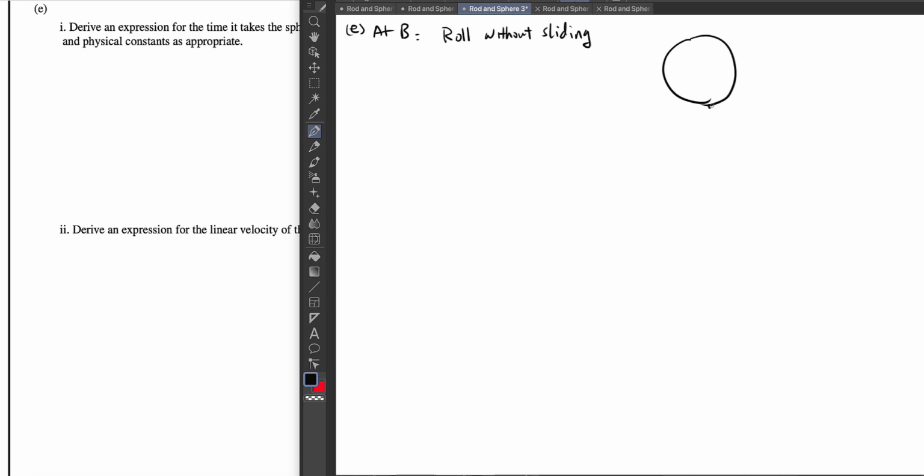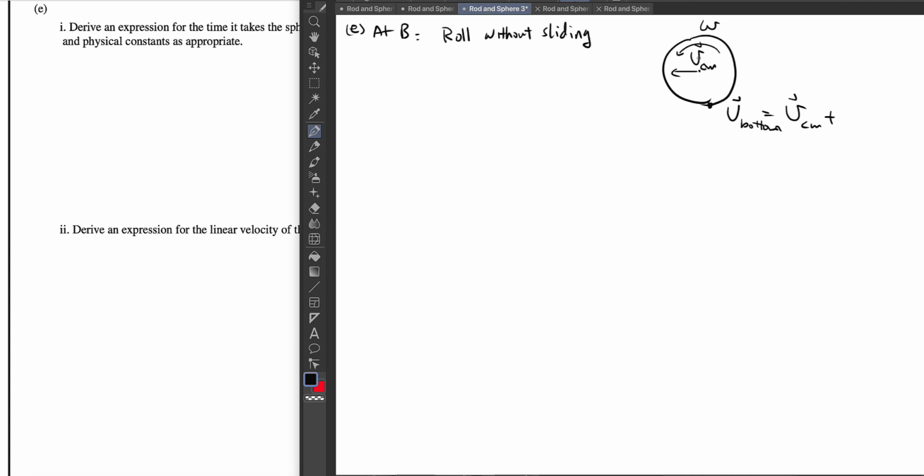So for the bottom point, V bottom, its velocity is the center of mass velocity plus rotation around the center of mass. The rotation around the center of mass will introduce, in this case, rotating this way, this would be omega, right?